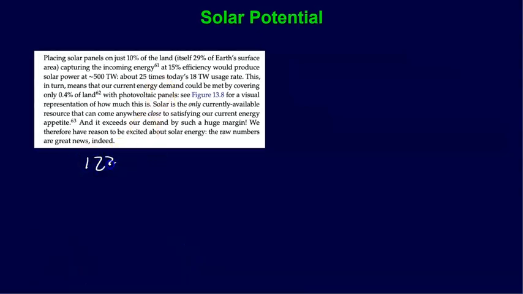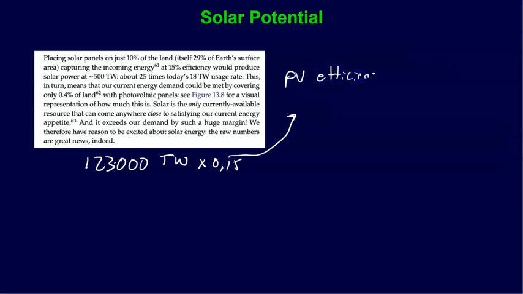So we have this number, 123,000 terawatts, and let's multiply this by a few things. First, multiply it by 0.15, for the photovoltaic efficiency. As we've mentioned, these things are about 15% efficient, so they don't get all of the sun's energy.